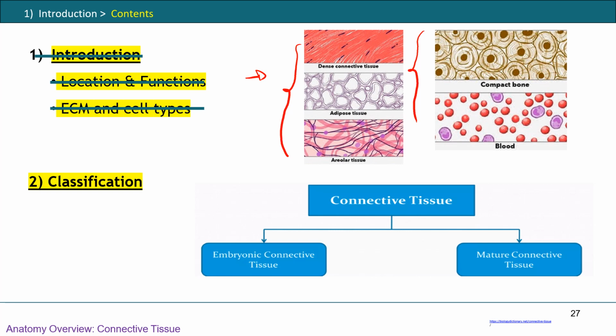And then we moved into the classification. There were 2 key classifications. One, the embryonic connective tissue, that is found in the fetuses. And we also have a lot of mature connective tissue, of which I showed you 13 examples. Here we talked about 2 types, and here we talked about 13 types.